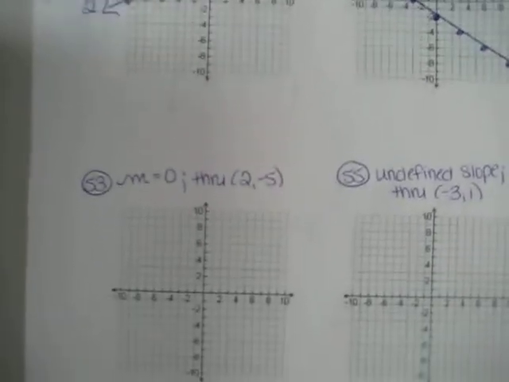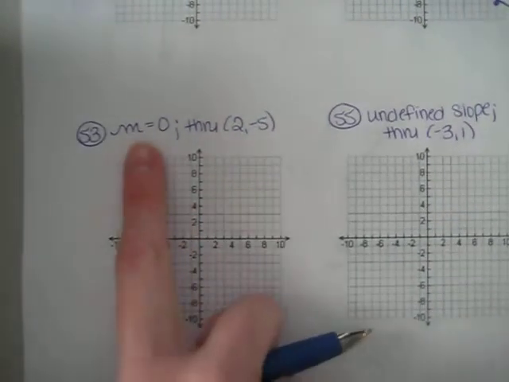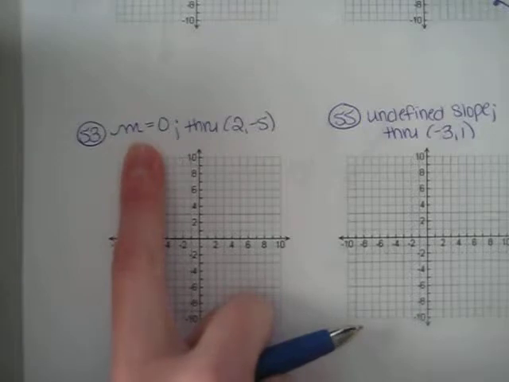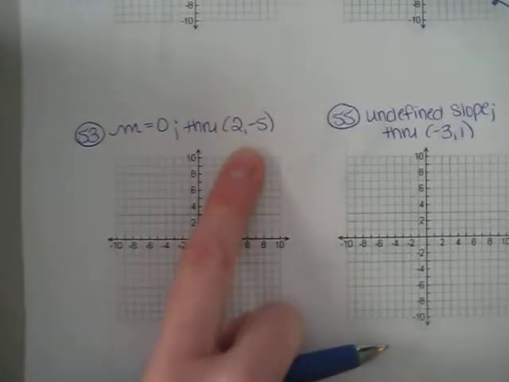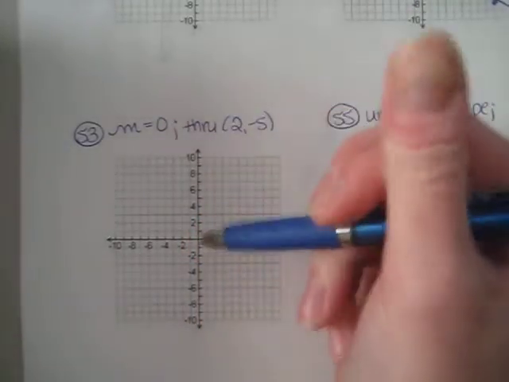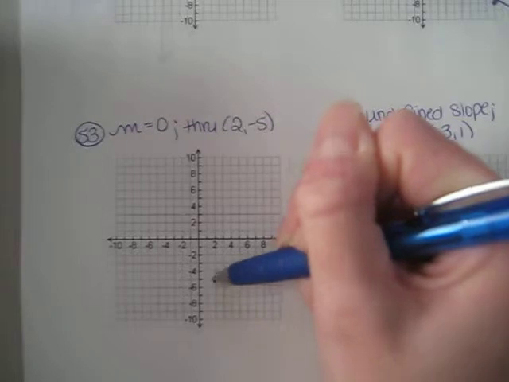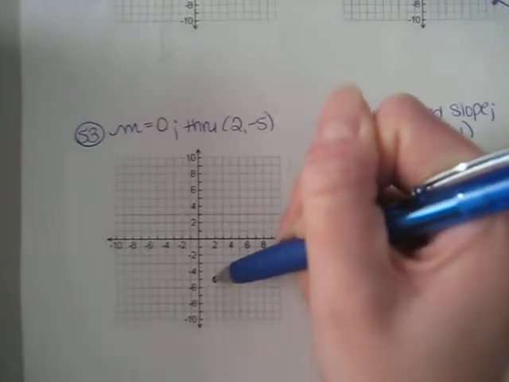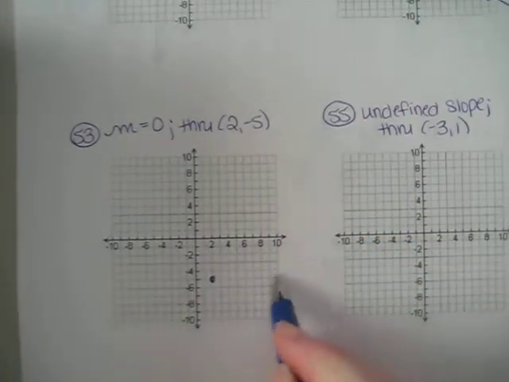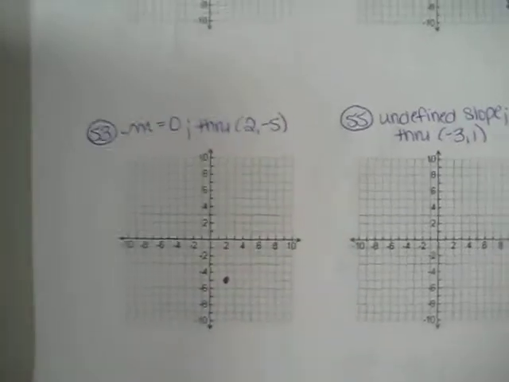Next is number 53. Slope is 0. Remember, a 0 slope means it's horizontal, and it's going through 2, -5. And a 0 slope, we said, is horizontal, so that means it's going to go this way. It's going to go straight through that point.